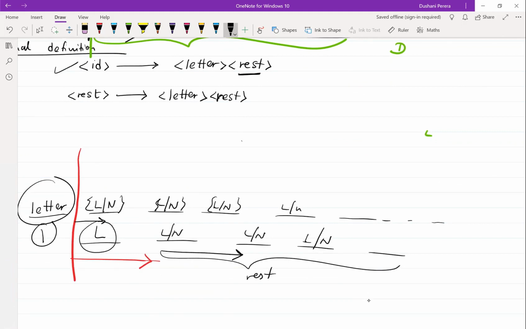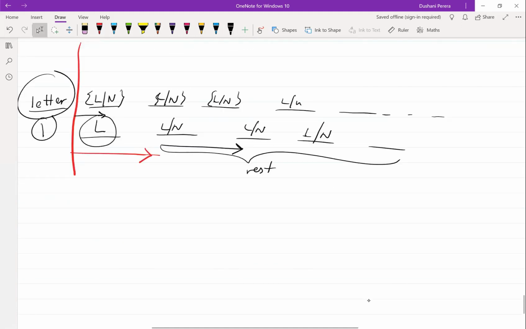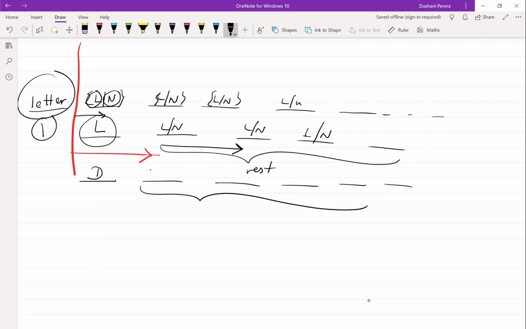This is not the only case though, because in this case I chose the first one, I can choose the second one as well. So in the second case, if I choose a digit first, then rest, I can again put letter or a digit.